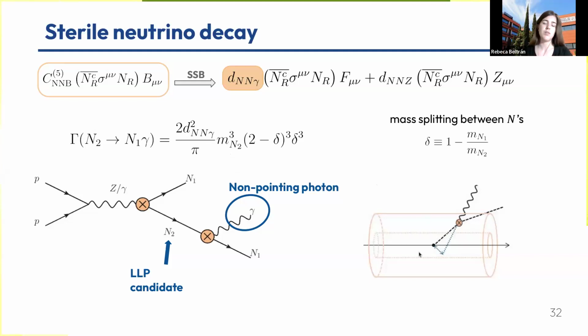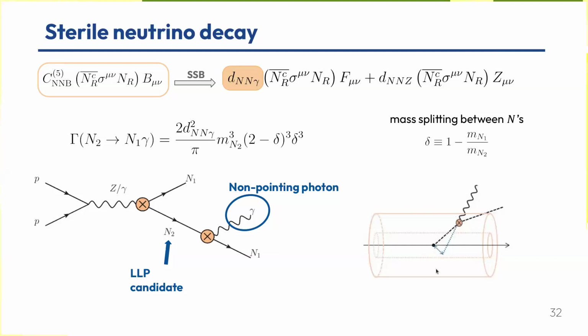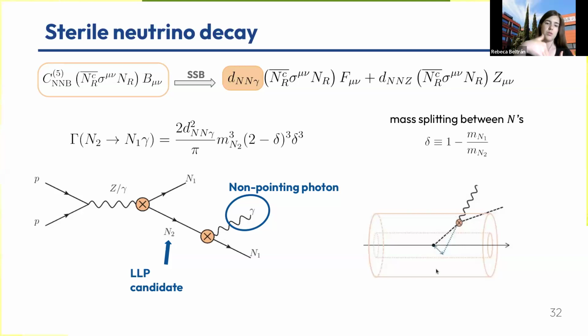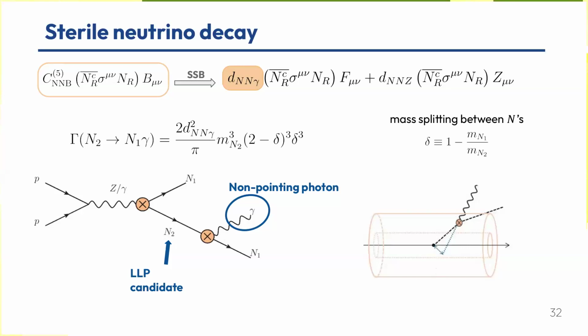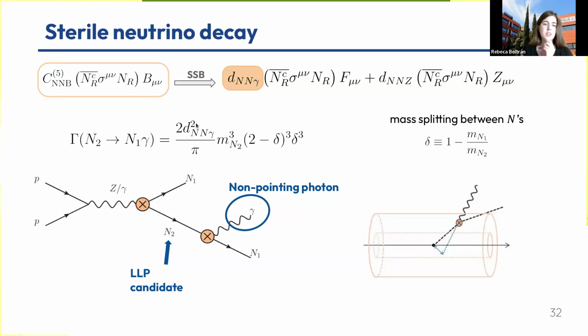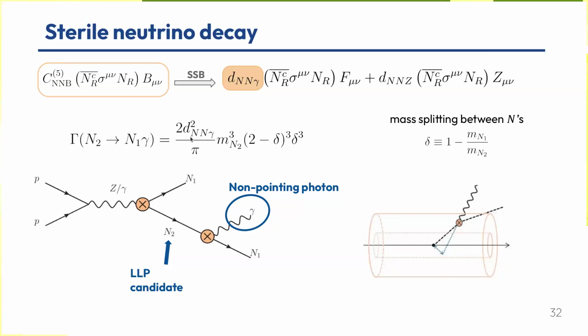So if the HNL mass, this heavier neutrino, is around 1 GeV, then the decay length is expected to be less than 1 millimeter, or less than 10 to the minus 6 meters, for example. So you cannot distinguish if this photon is pointing back to the primary vertex or not. There is a lot of background photons. So this is the only way to distinguish. But at the same time, you have this coupling that you can decrease in such a way to compensate that effect. Exactly.